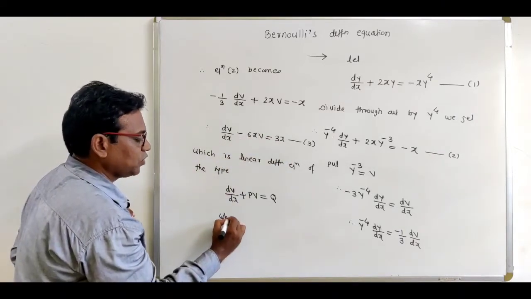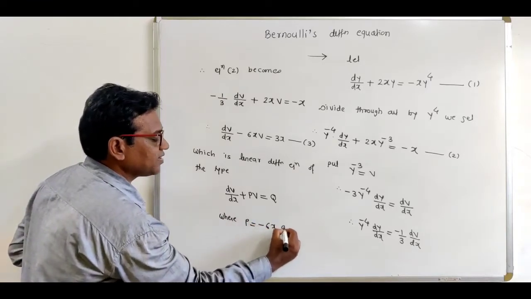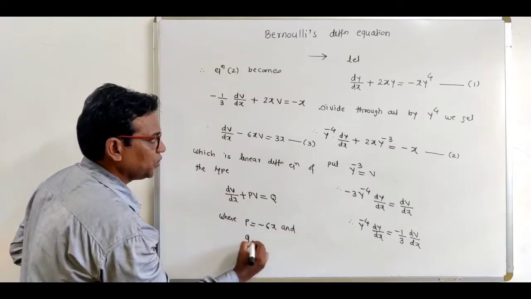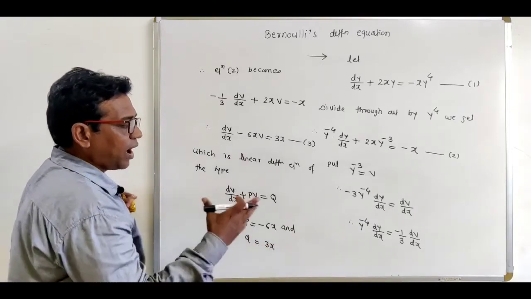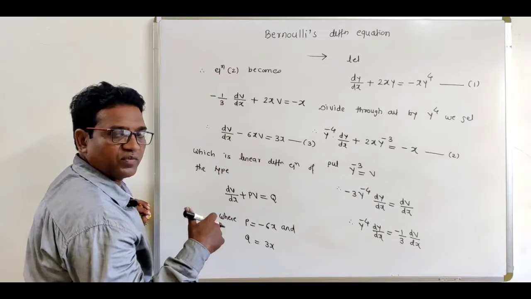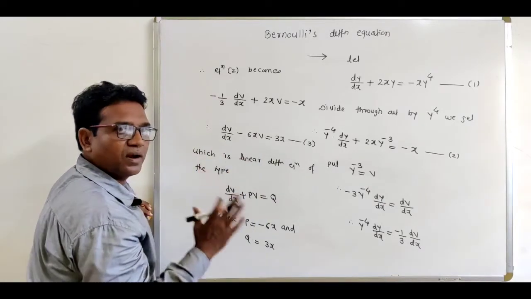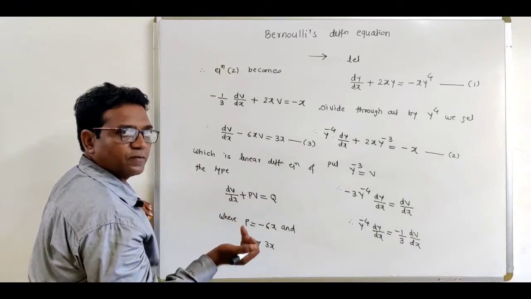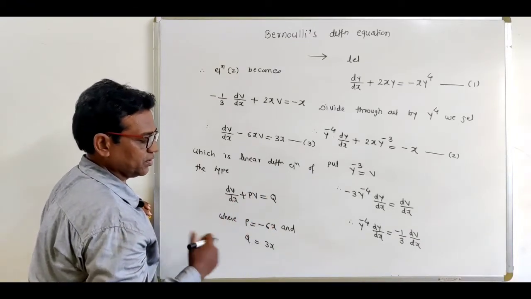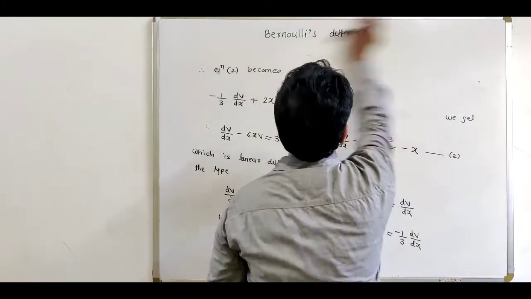So the values of p and q are: p is equal to minus 6x and q is equal to 3x. And we have seen how to solve this linear differential equation. If the differential equation is linear, then we have to find the integrating factor and then find the solution. So find the integrating factor. So write down.